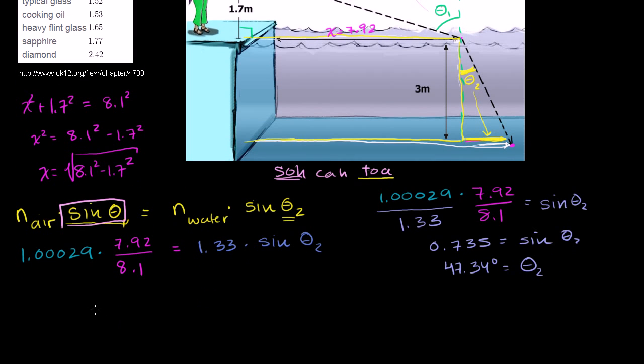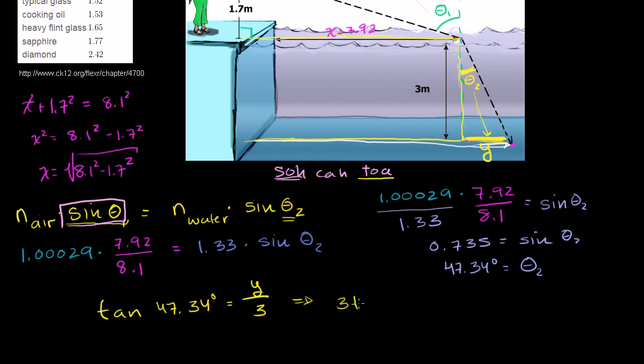So we know that the tangent of this angle right over here, 47.34 degrees, is going to be equal to this opposite side over here. I'll call that y. It's going to equal y over our adjacent side, and that's just 3 meters. If we want to solve for y, we multiply both sides of this equation by 3.